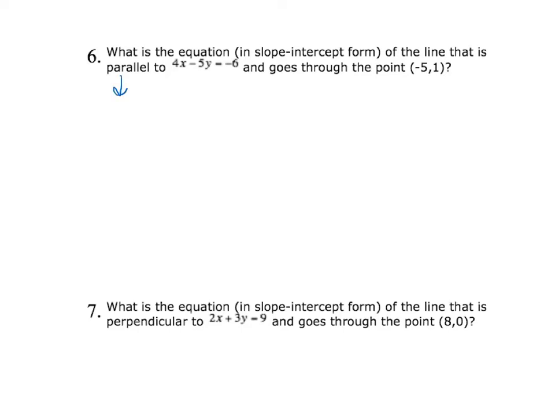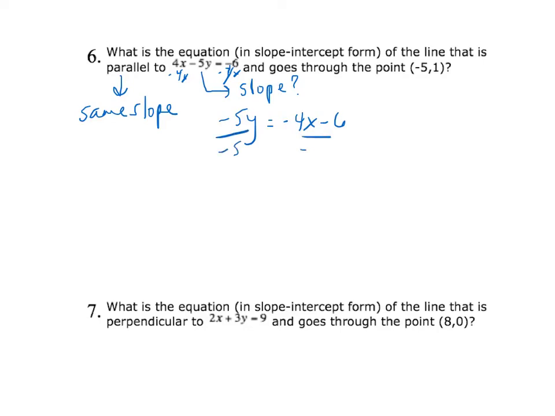Okay, parallel lines have the same slope. So your first task is to figure out what is the slope of this line. So we're going to go ahead and subtract 4x from each side. So I'm going to have negative 5y equals negative 4x minus 6.